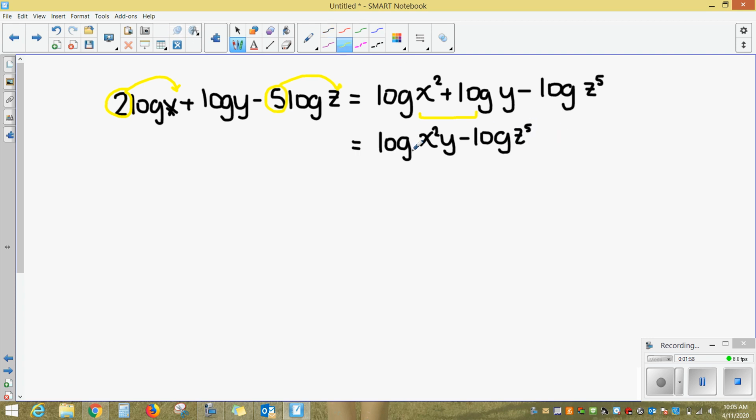And then in these remaining 2 terms, since they're being subtracted, I know subtraction goes back together as a quotient, as division. So the x squared y goes on the top, and the z to the 5th goes on the bottom. My single logarithm expression that I get from this sum and difference up here looks like log of x squared y over z to the 5th.